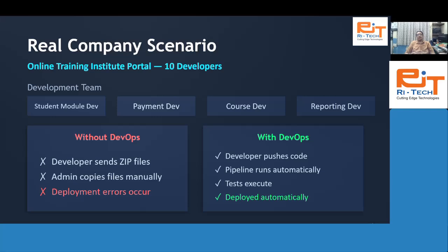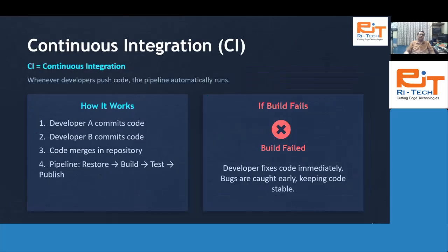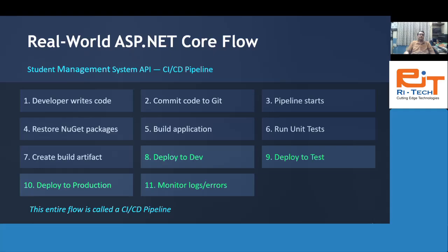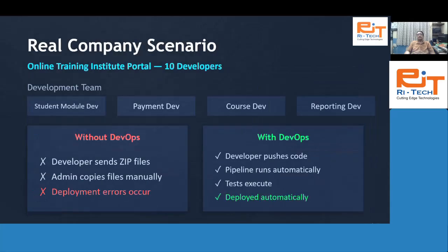With DevOps, when a developer pushes code, the pipeline runs automatically. So whatever pipeline you had configured using these tools and their steps will run automatically. Tests will execute and it will be deployed automatically.